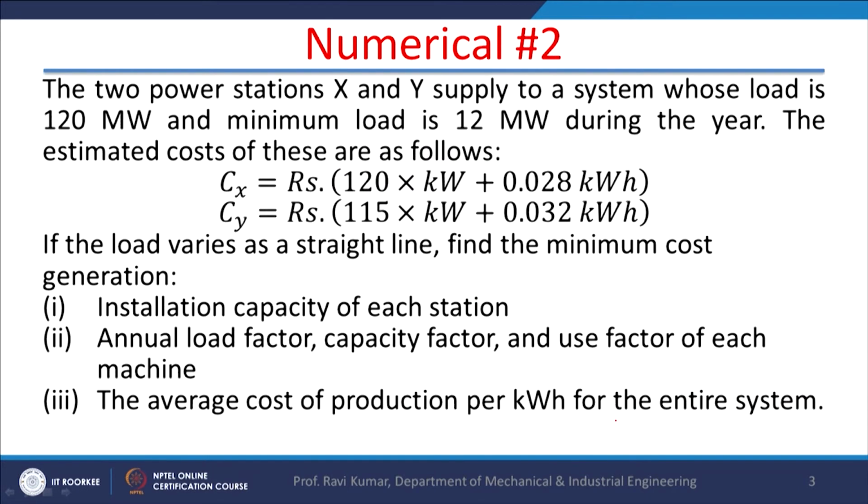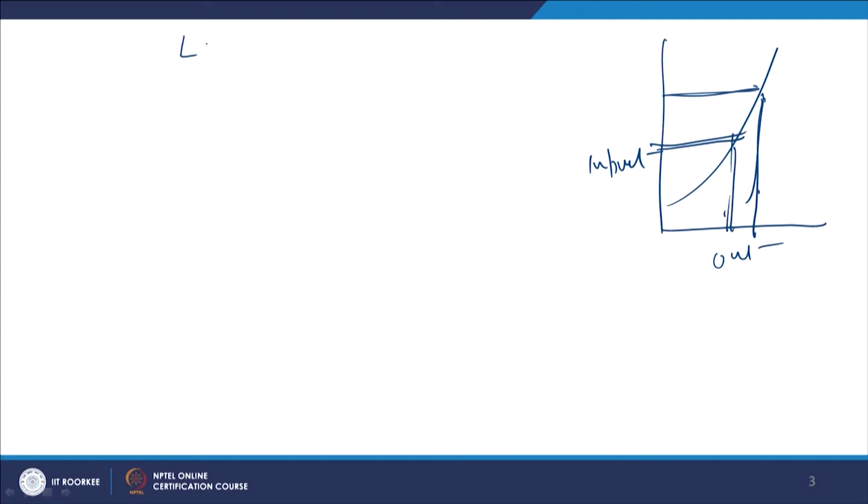So, for this purpose, we will put L equal to 3 megawatt in the equation, and L equal to 5 megawatt in the equation, and we will find the change in the input. That is the only way.